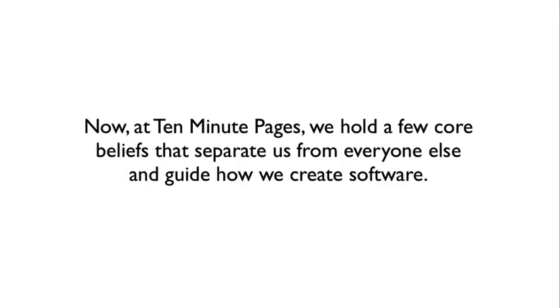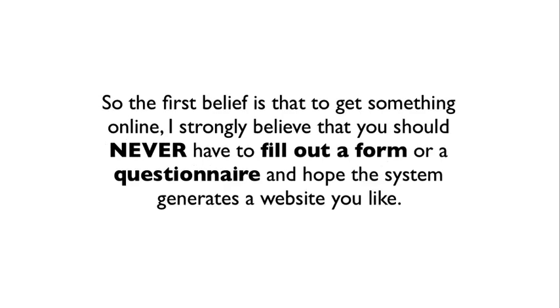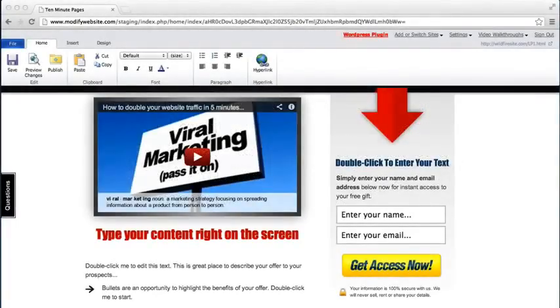Now at 10-minute pages, we hold a few core beliefs that separate us from everyone else and guide how we create the software that we build. So the first belief is that to get something online, I strongly believe that you should never, ever have to fill out a form, a questionnaire, or anything like that and hope that the system generates some kind of website that you like.